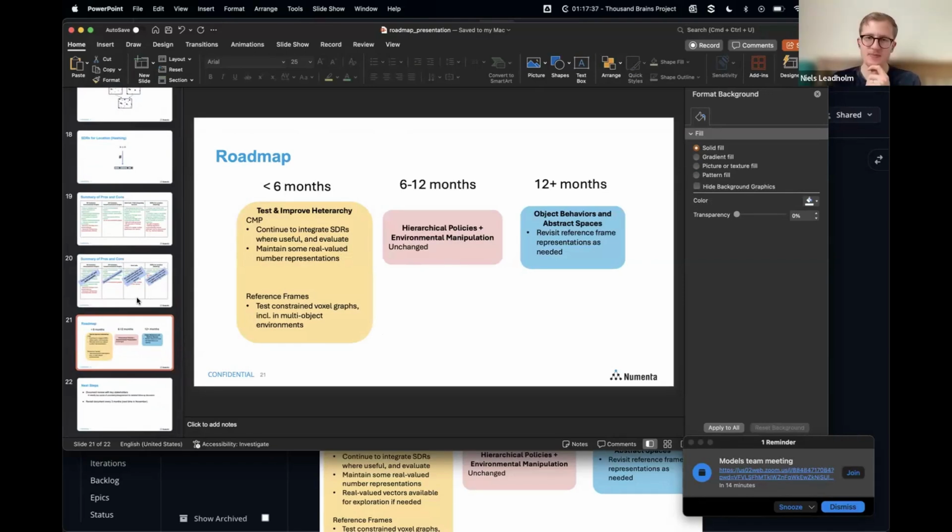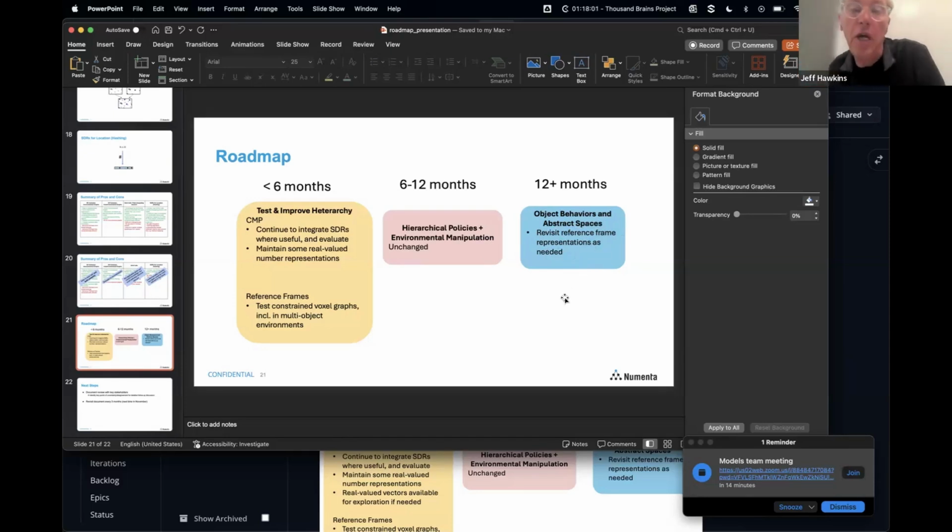Yeah. What I have is, other than if we just come up with something, or we run into an issue, as you say, I can imagine in the 12 plus months timescale, when we start looking more at object behaviors and abstract spaces, that we're especially likely to revisit reference frames.